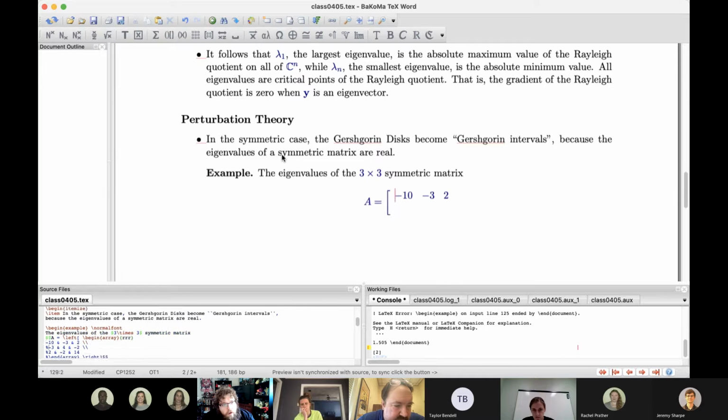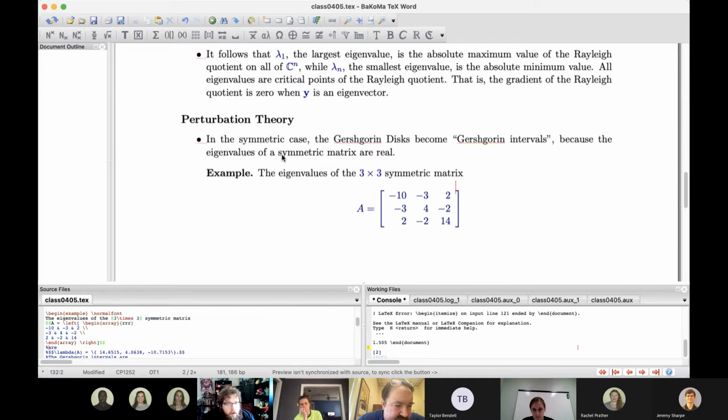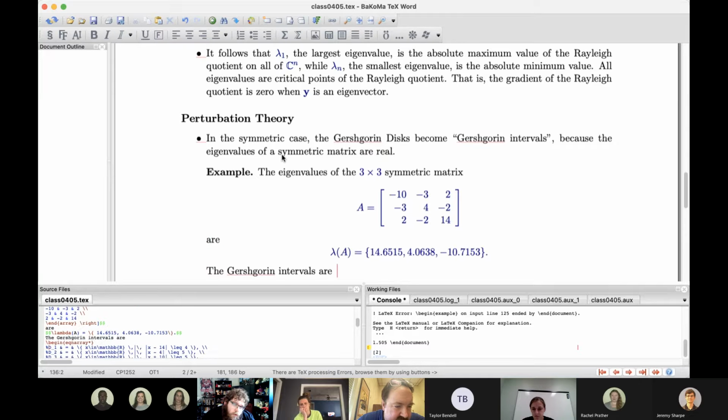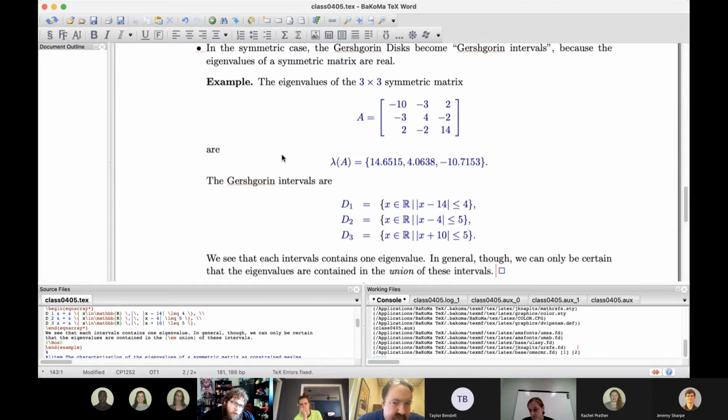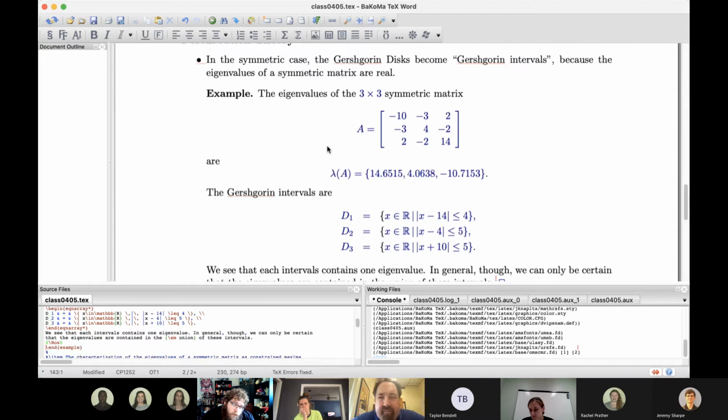When the eigenvalues are real, you don't really need Gershgorin disks. You have basically Gershgorin intervals, just because the eigenvalues are real.